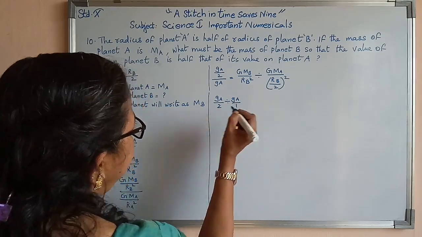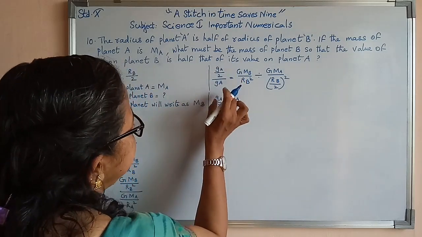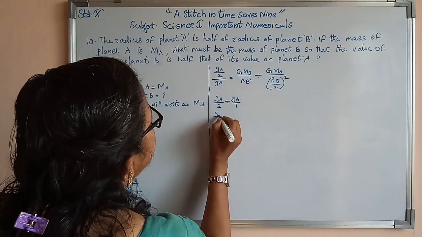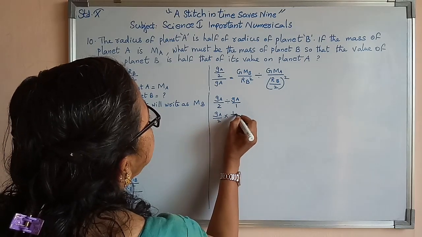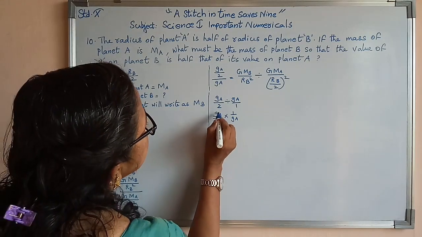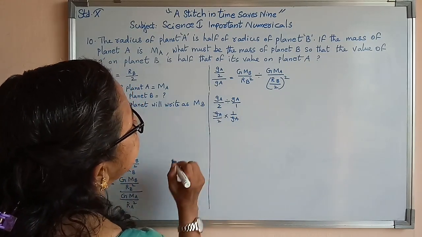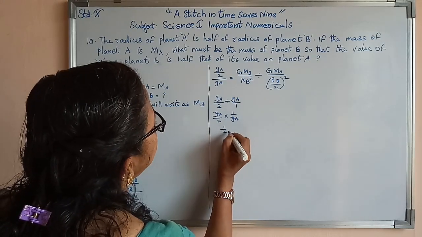So then I am putting down 1. Now first I am clearing this value. So Ga upon 2 into 1 upon Ga. This Ga and this Ga I am cancelling. So we are getting the answer 1 upon 2.